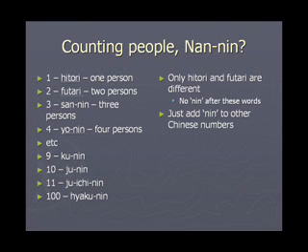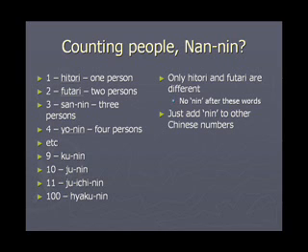Let's move to the counter for the number of people. Nin is the counter for people count. Nan-nin means how many people. Hitori, 1 person. Futari, 2 persons. San-nin, 3 persons. Yonin, 4 persons. Gonin, 5. Rokunin, 6.